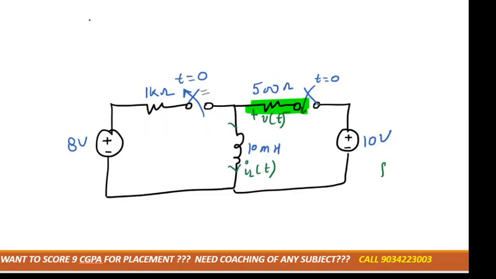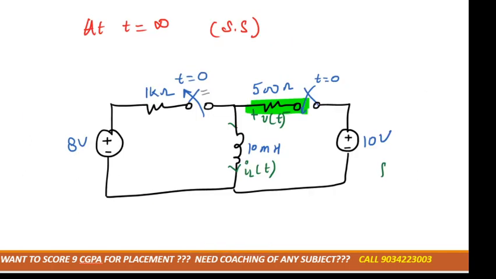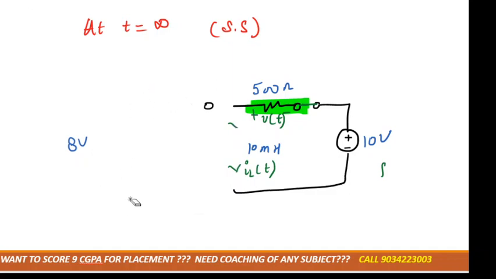At the next step, at t equal to infinity, again the steady state condition. Now tell me, at t equal to infinity, is this switch opened or closed? And this one? Okay, if this is open then there is no role, so I'm deleting it.